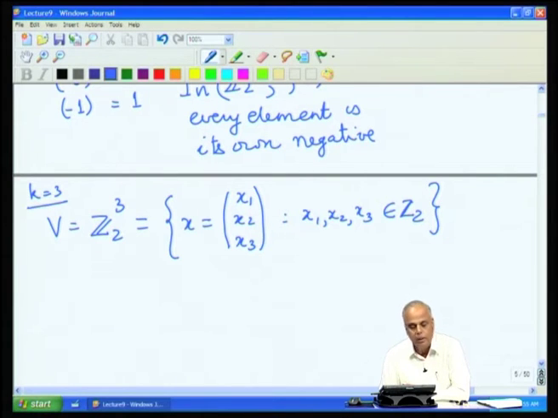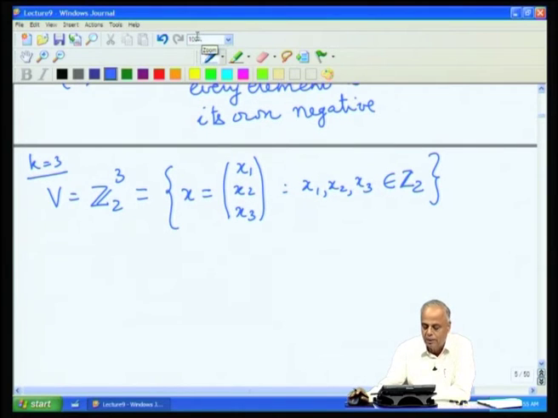That means x 1, x 2, x 3 can be either 0 or 1. So, there are two choices for x 1, namely 0 and 1, and for every choice of x 1 there are two choices for x 2, and for every choice of x 1 and x 2 there are two choices of x 3. So, there are totally 2 into 2 into 2, 8 possibilities. So, there are only 8 vectors in this collection V.